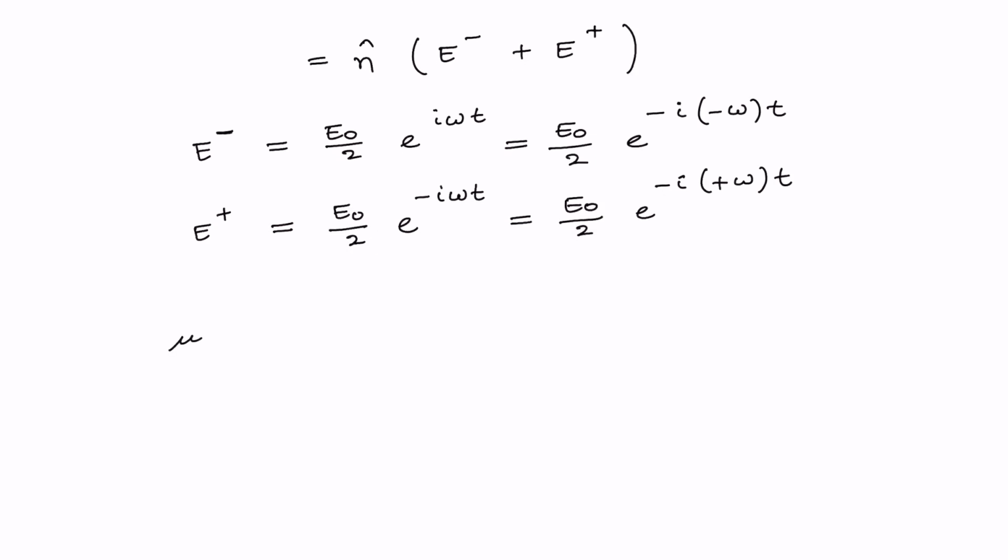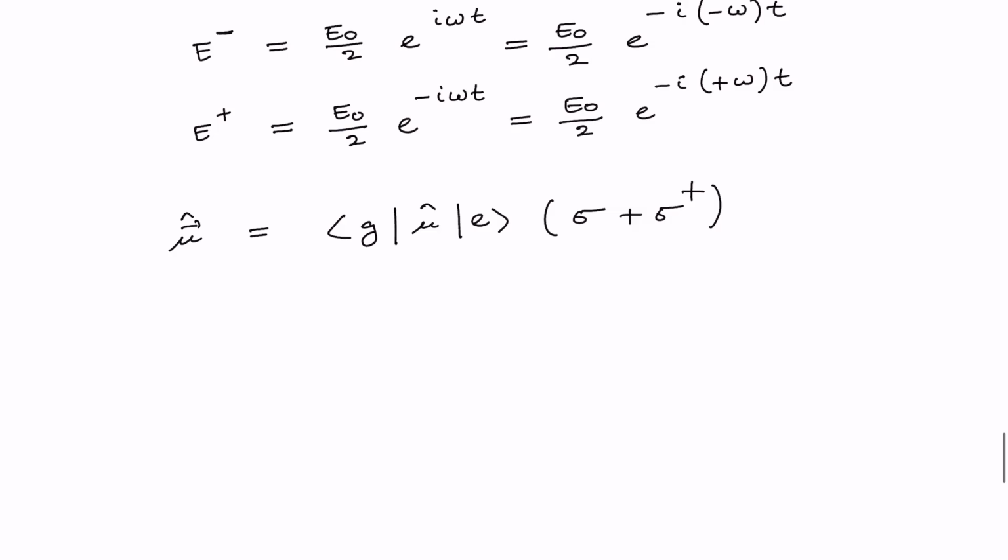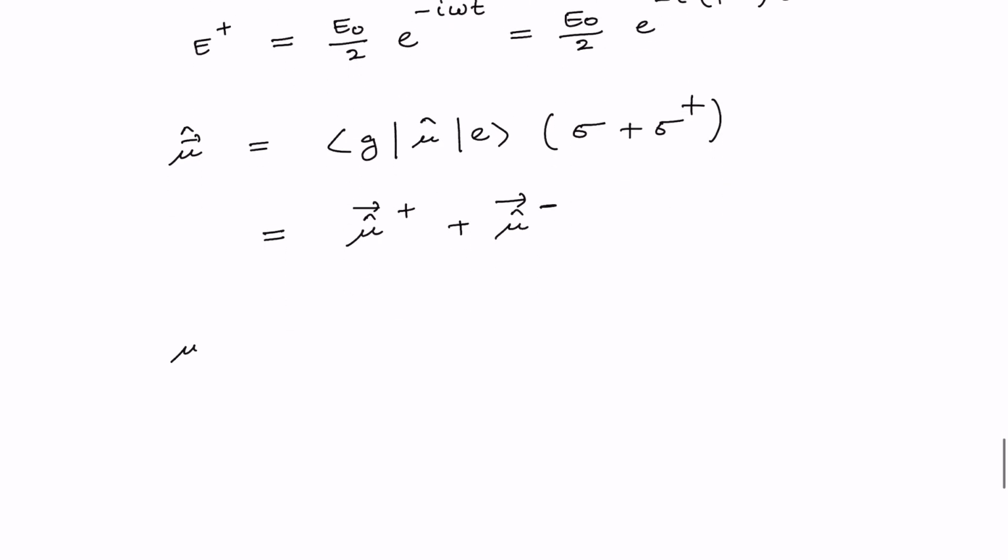In a similar way, we can decompose this dipole moment operator into positive frequency and negative frequency parts. The dipole moment operator, as we have already written, is proportional to μ(σ + σ†), and I can write this as μ⁺ and μ⁻. Here μ⁺ represents that part which has σ, and μ⁻ represents that part which has σ†.